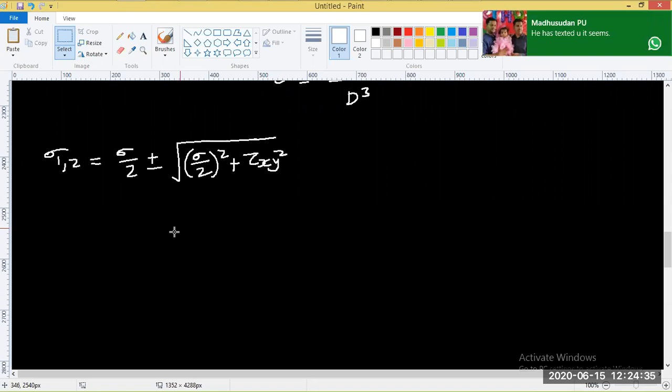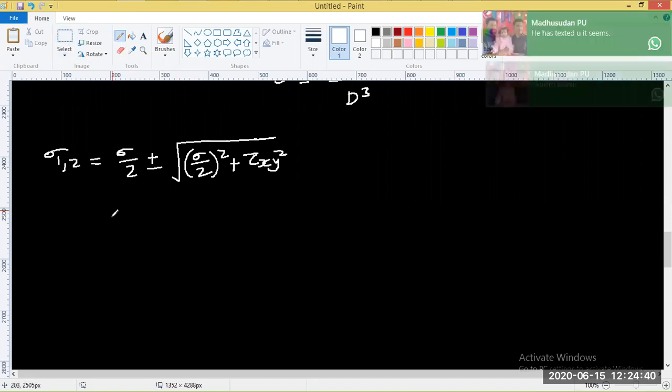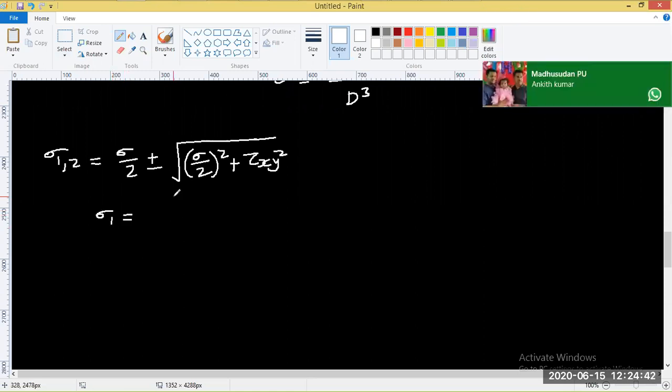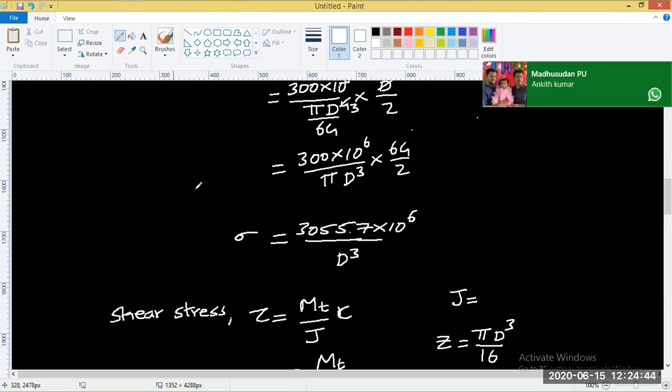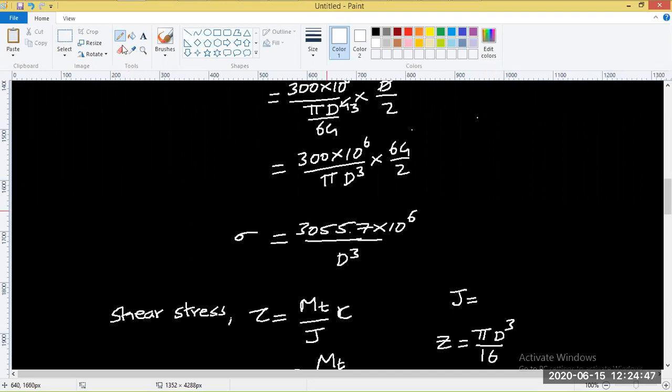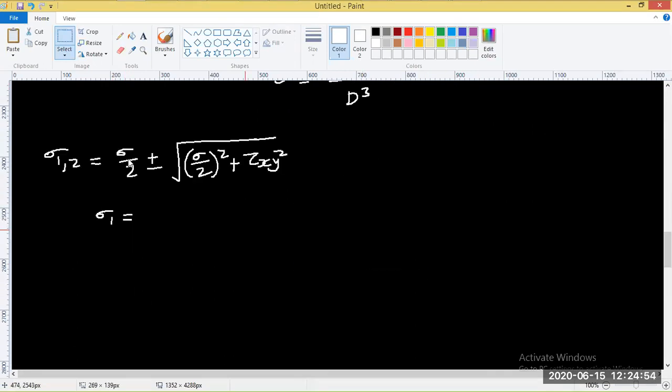Okay, so sigma 1 is sigma by 2, plus or minus the square root. Let's take this here and copy this value. So this by 2, plus or minus, this is sigma 1, so let's put only plus.